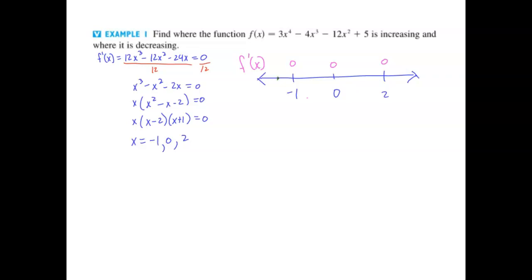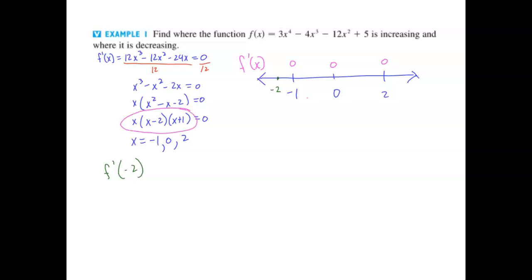I don't know, what if I test -2? And I want to test it in the derivative. So what's f prime at -2? I don't so much care about what the value is. I know that it's either going to be positive or negative, and that's all that I care about knowing, right? So I think it's easiest if I just look at this factored form. You can do that pretty quickly.